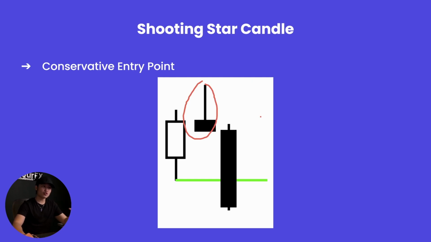If you want to enter based on the conservative entry point, you want to make sure that the next candle after the shooting star closes and breaks below the last candle before the shooting star candle. It's quite complex, but by the time you have seen this video, you will understand what I mean.